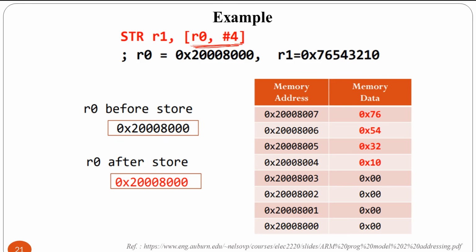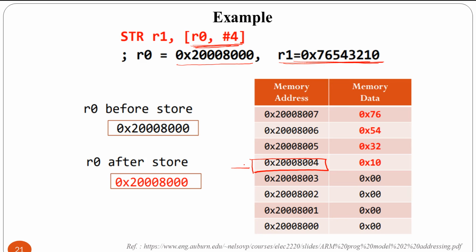R0 is this address, and R1 is equal to this, so this number we have to put inside this location. R0 is nothing but 0x20008000, we have to add 4. If we add 4, then you will get this particular address, and at this address we have to store this particular number.